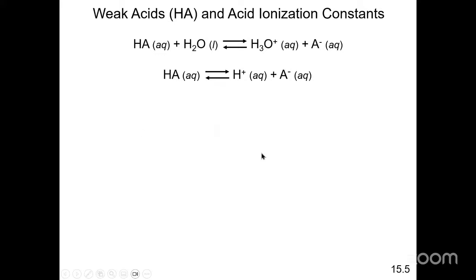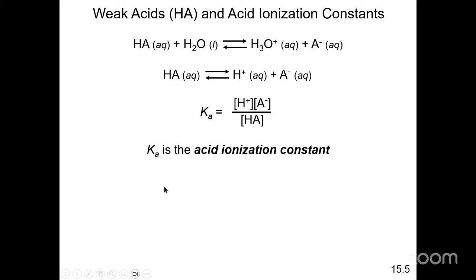Now, because the system, in either case, is in equilibrium, we can write down an equilibrium expression, and it's basically similar to Kc. So if we use this equation here, we have the equilibrium constant called Ka, and that will be equal to the product of the concentration of H plus and A minus divided by the equilibrium concentration of HA, right? And there's a special name given to this constant, Ka.